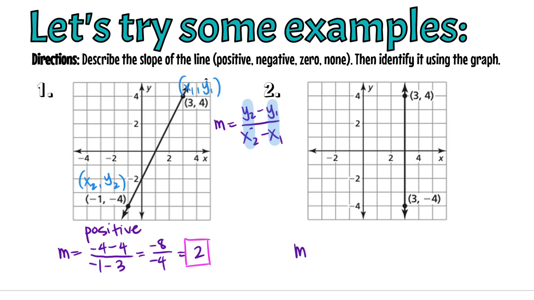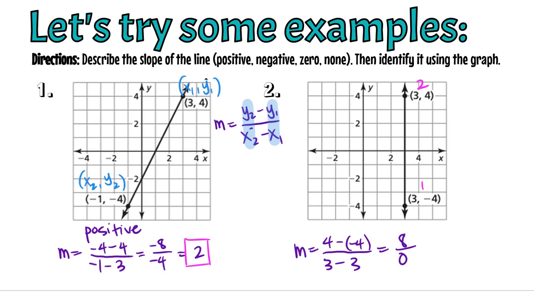Let's call this our point 1 and this our point 2. So m equals y2, that's our 4, minus y1, which is minus negative 4, over x2, which is 3, minus x1, which is 3. That gives us 4 minus negative 4 is 4 plus 4, which is 8 over 0.